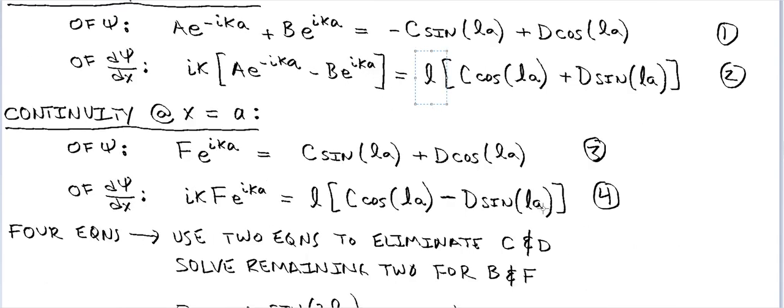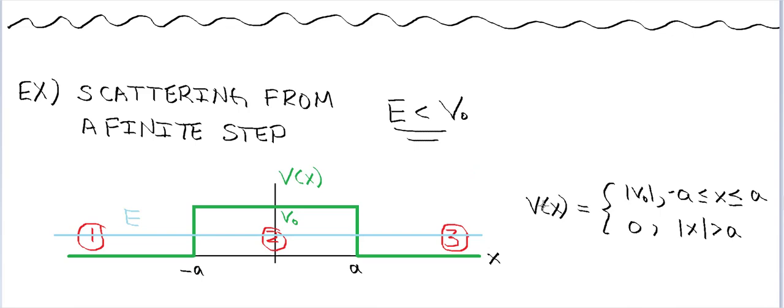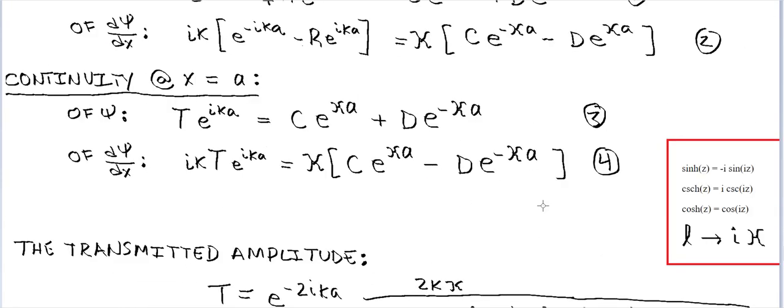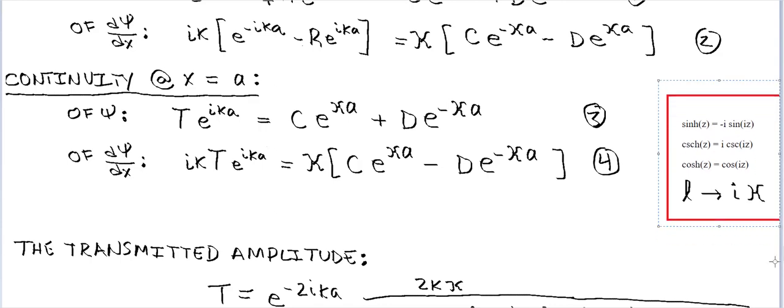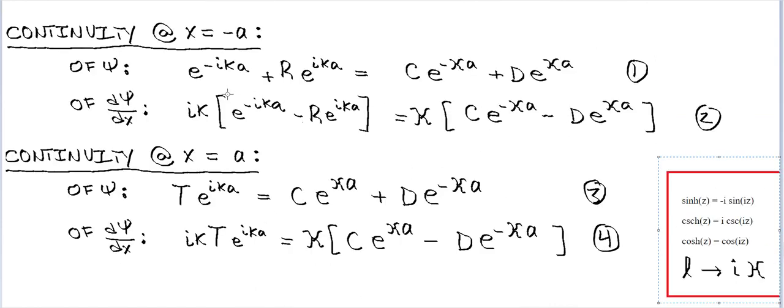But these equations are identical, except that L is turned into i times kappa. Yay?